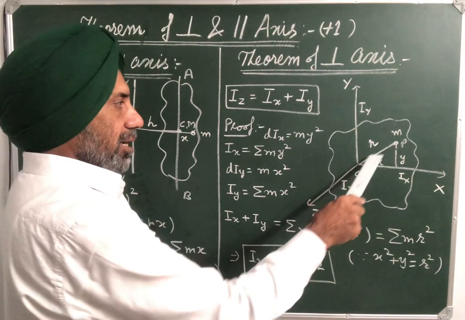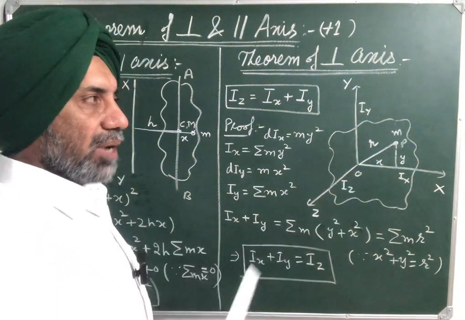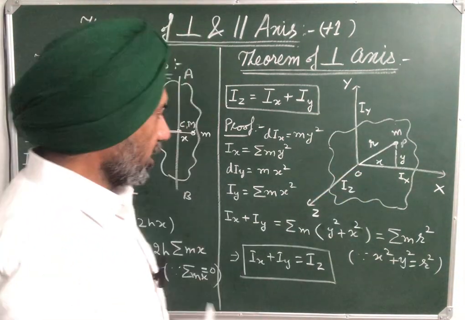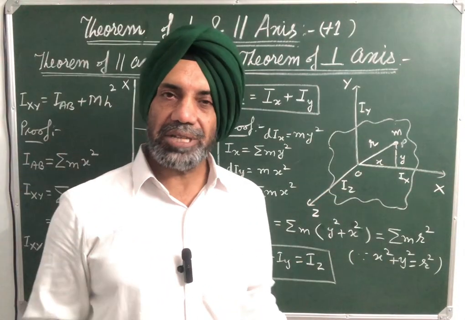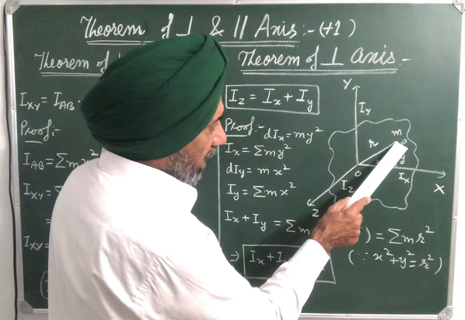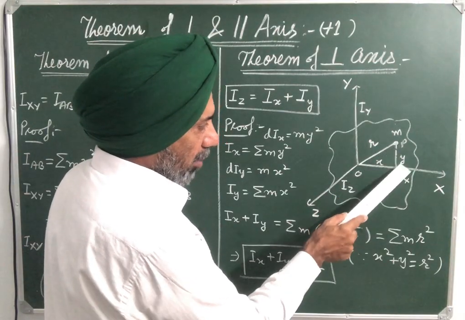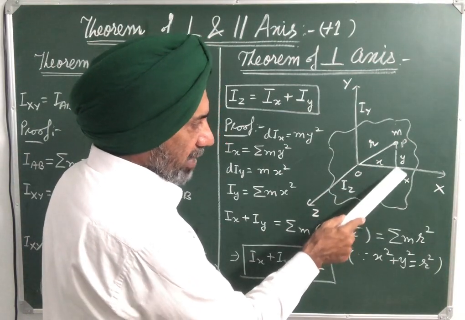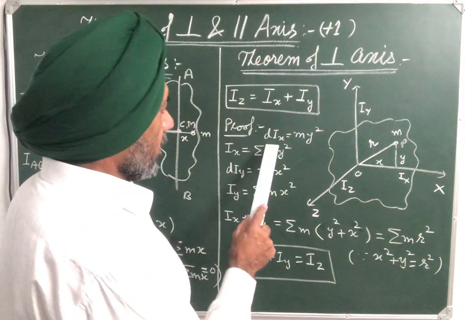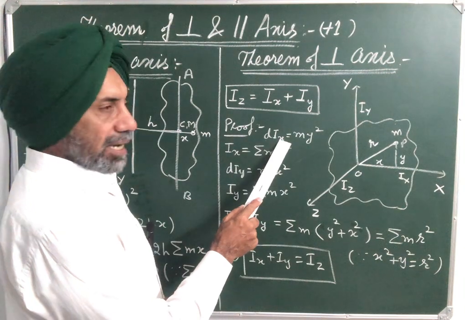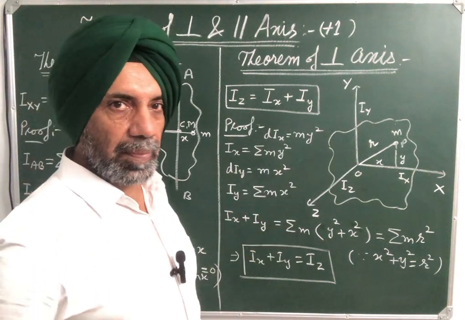That is, r is the perpendicular distance from the z-axis. Then by definition, moment of inertia is equal to mass into distance square. So the MI of the small mass m about the x-axis will be m y square, where y is the perpendicular distance from the x-axis. Let it be dIx. dIx is equal to m y square.